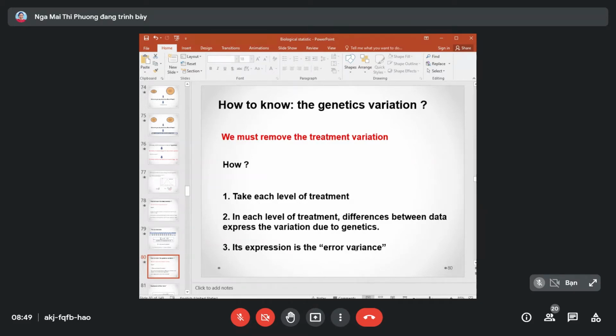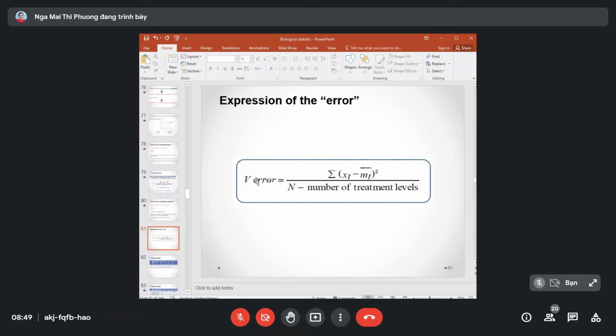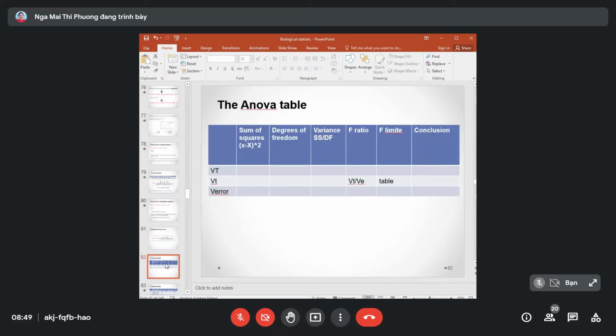How to calculate the variance of error, you see in the equation. Okay. So now it's your turn. Using Excel, show me the table.